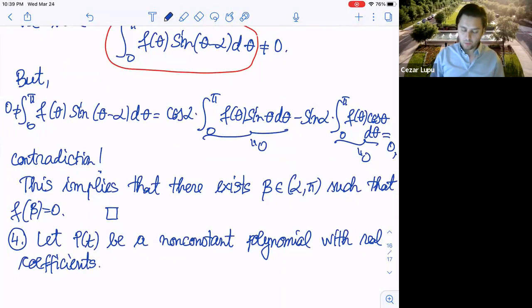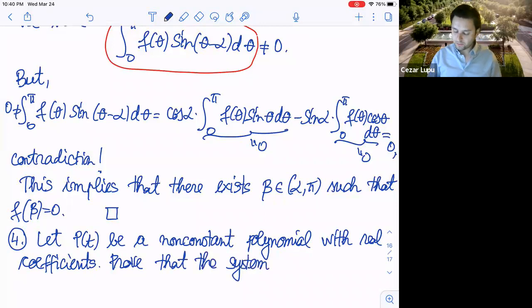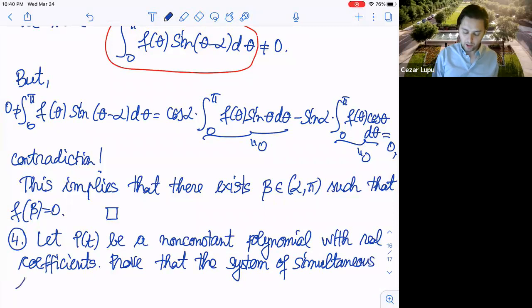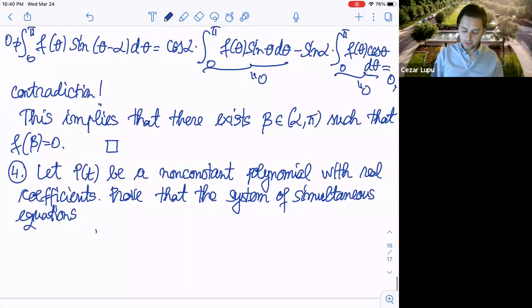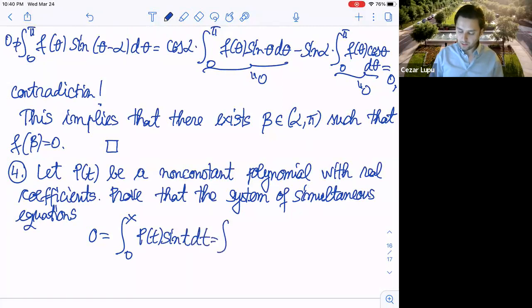And now we would like to prove that the system of simultaneous equations, and let me write it in this way: 0 is the integral from 0 to x of p of t sine of t dt is the integral from 0 to x of p of t times cosine of t dt, right?